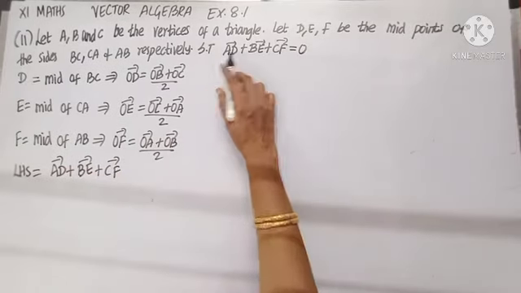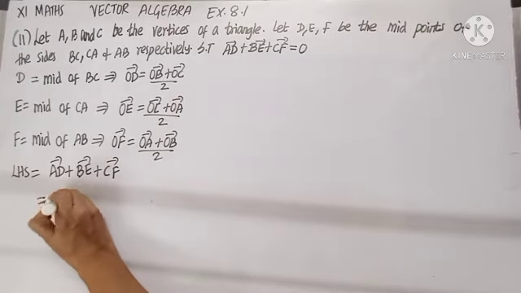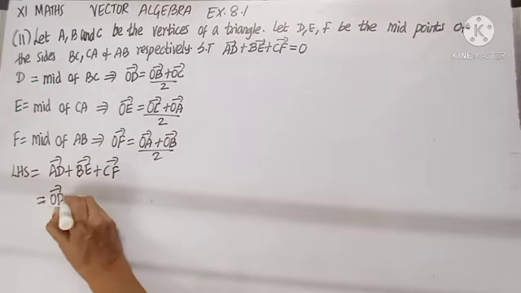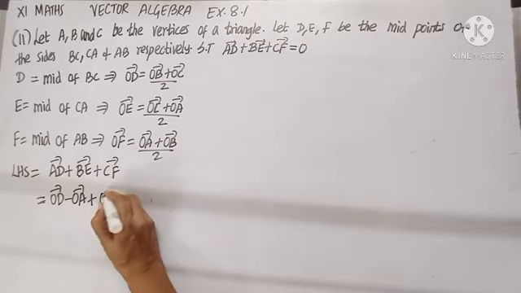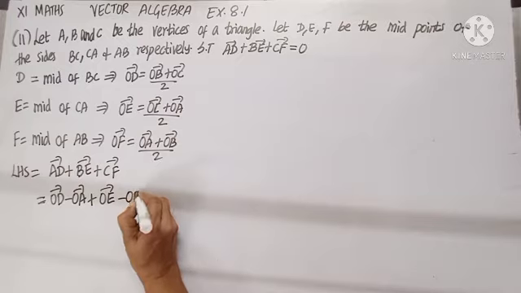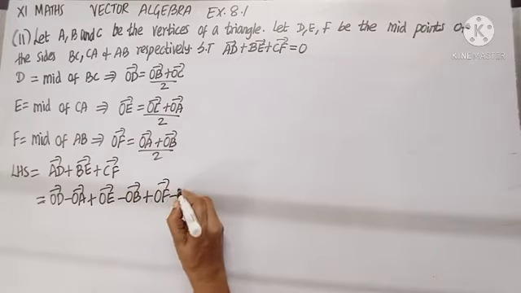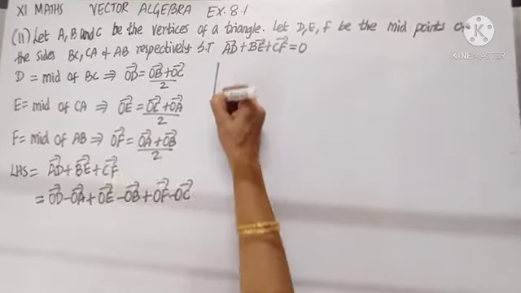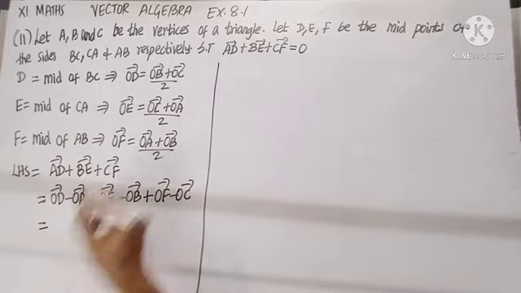Now let us start from LHS. AD, I need to write it as second minus first. BE, second letter E minus first letter B. CF, OF minus OC vector. We know what is OD. What is OD?